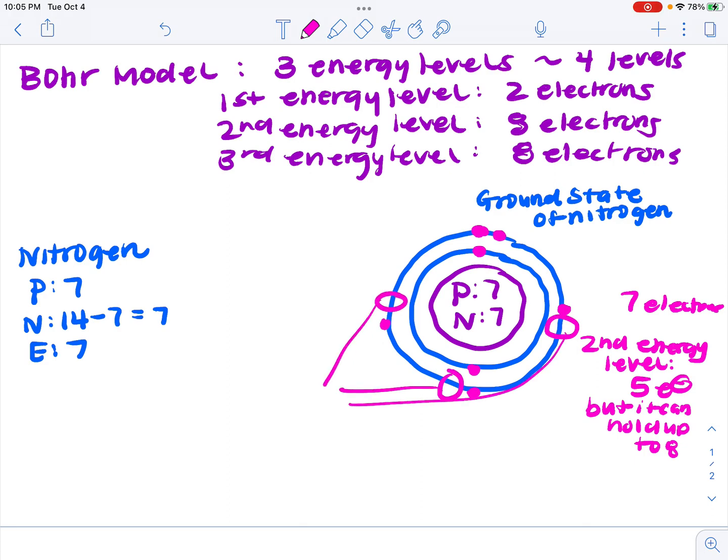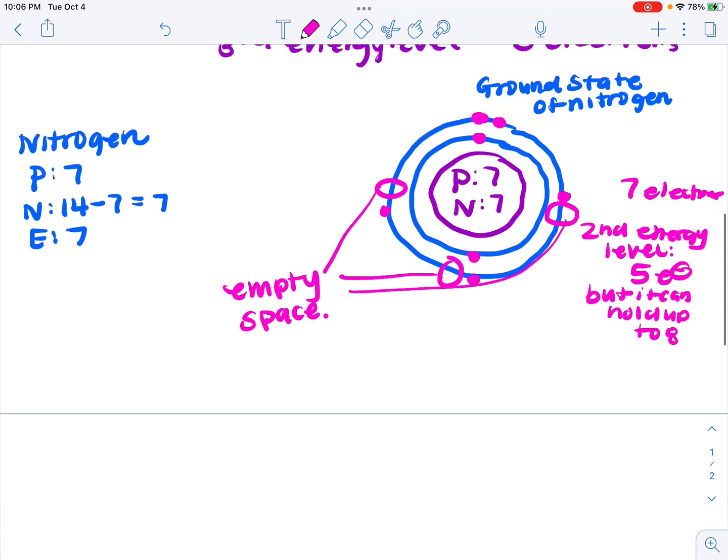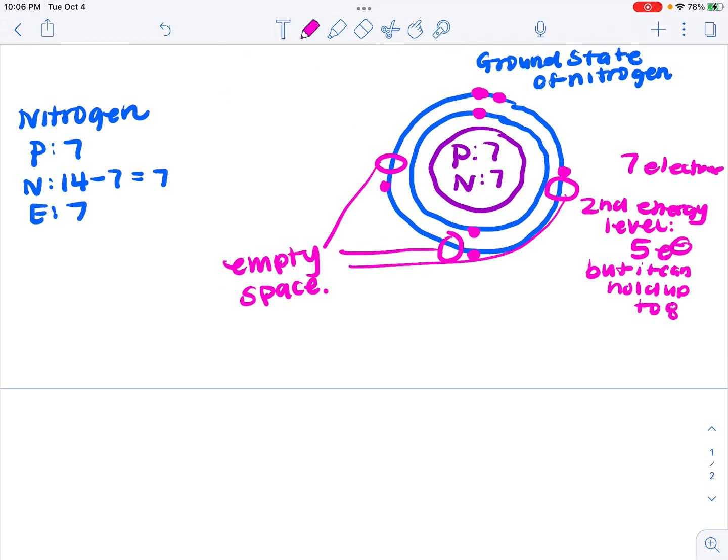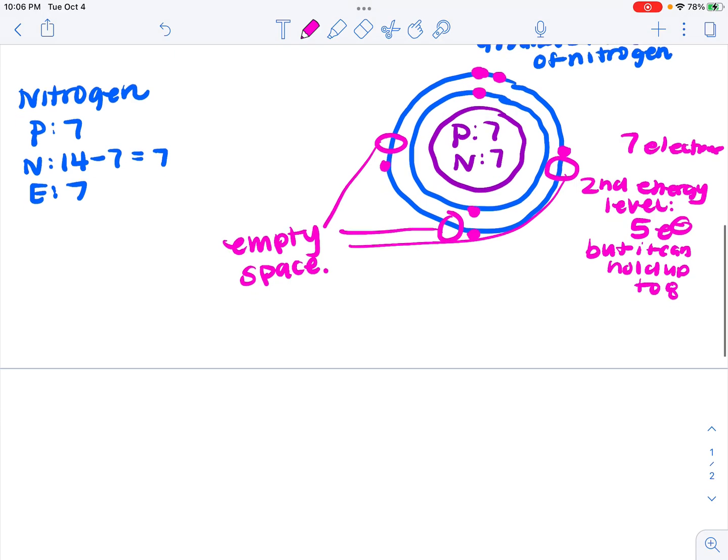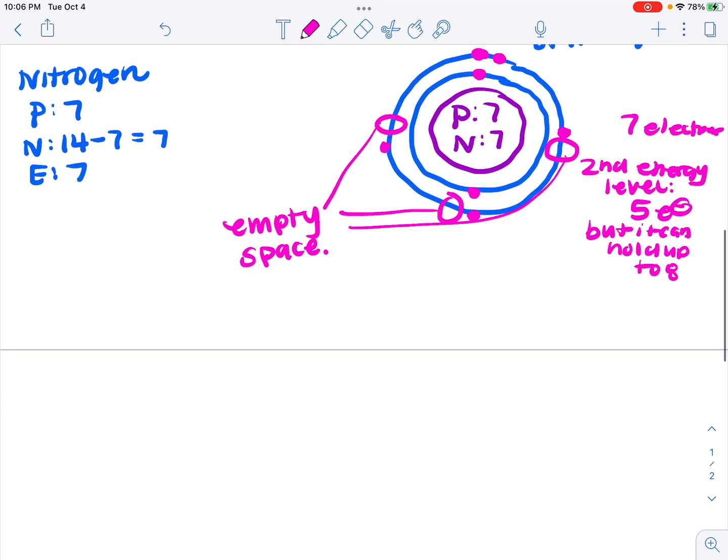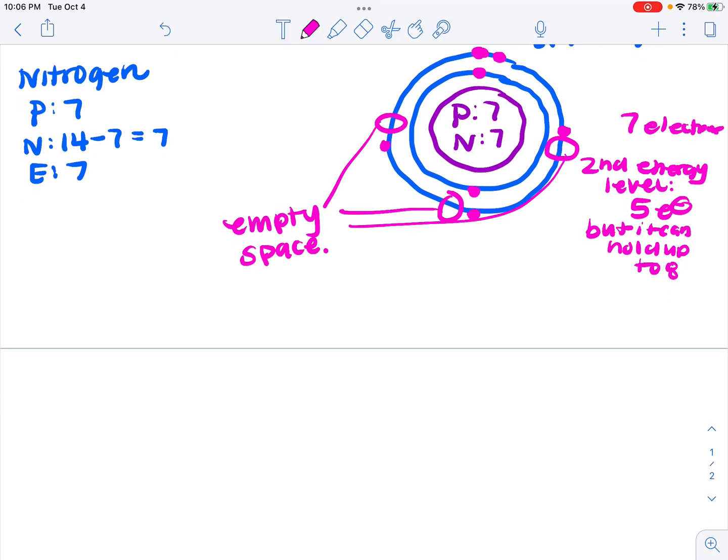This is just known as empty space. Okay? And this is going to allow us to talk a little bit about what excited states mean. It means that we can move electrons from one energy level to another energy level.